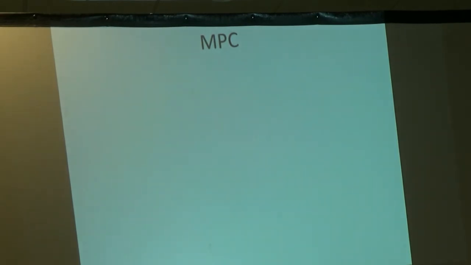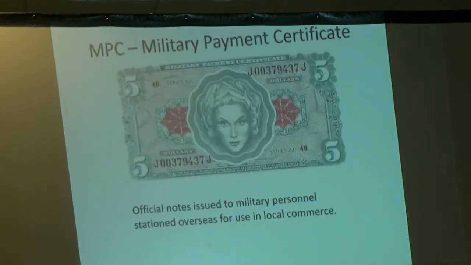MPC, somebody had already mentioned it. Military payment certificates. These were primarily issued to military personnel overseas. Joe was very good about telling his story about Vietnam. These were issued to the military to buy things in the commerce of the country that they were in.